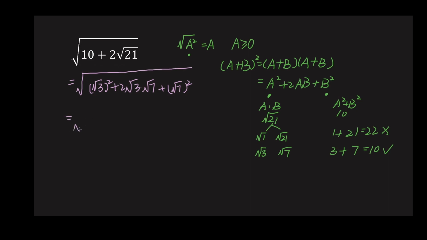That is the square root of square root 3 plus square root 7 whole squared. That is square root 3 plus square root 7. This is the answer.